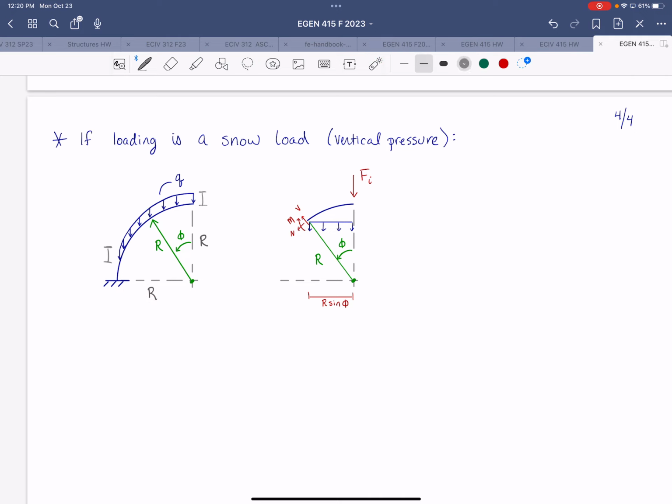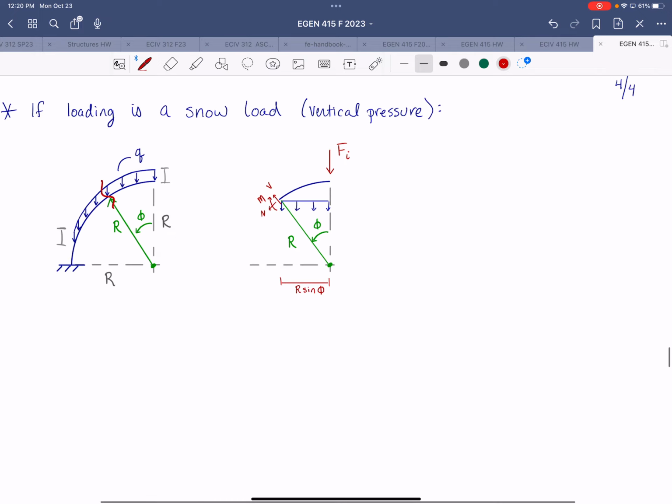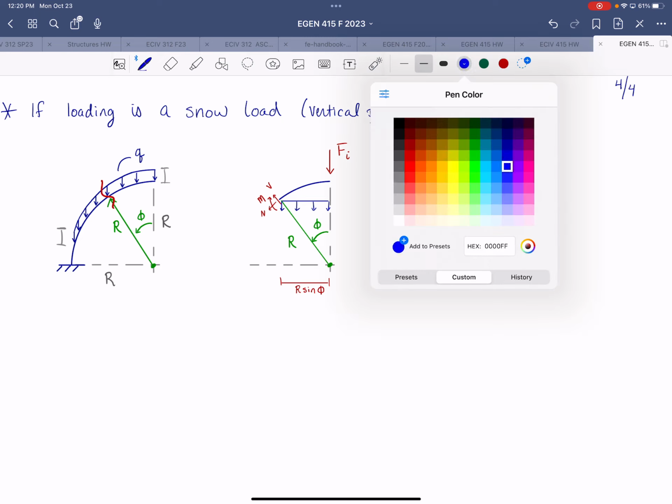So if we then were to take a cut and break everything down, we only have the r sine phi component now.